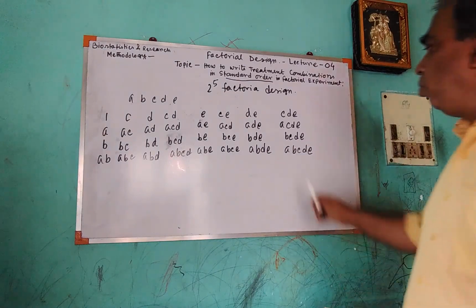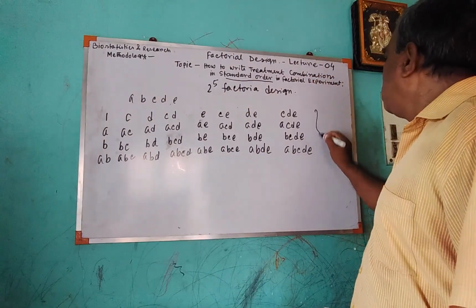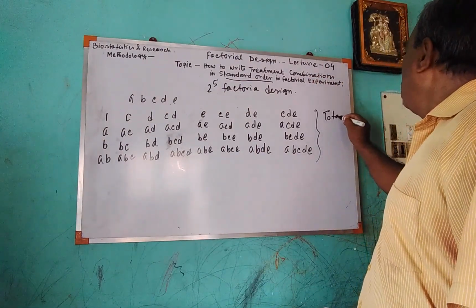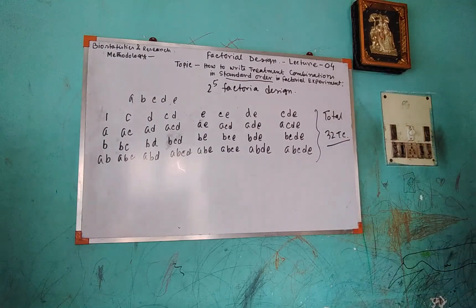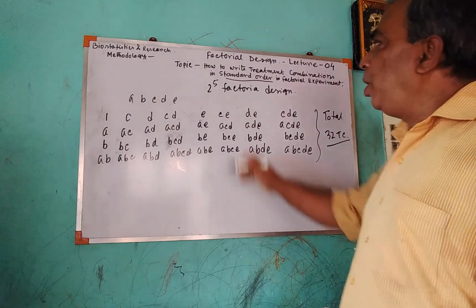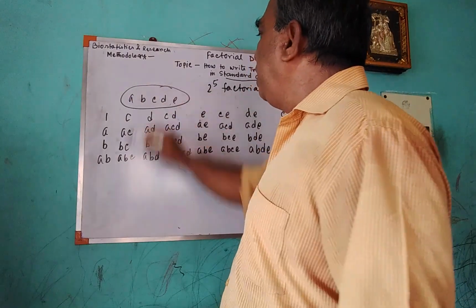ABCDE. So 1, 2, 3, 4, 5, 6, 7, 8. That is, this is a total of 32 treatment combinations. These are the 32 treatment combinations for the 2 to the power 5 factorial design. That is, these 5 factors are taken.